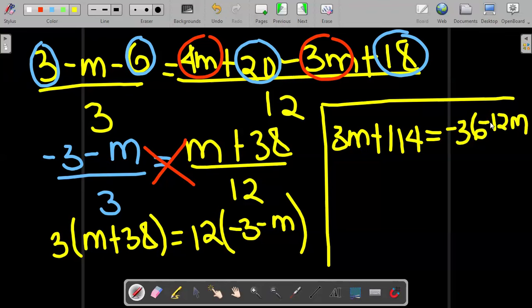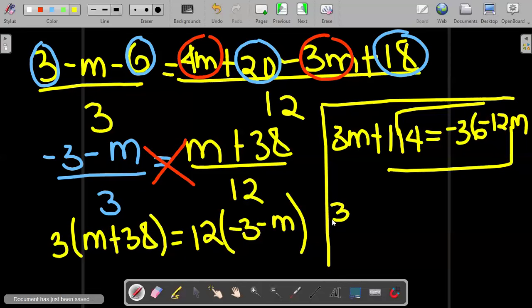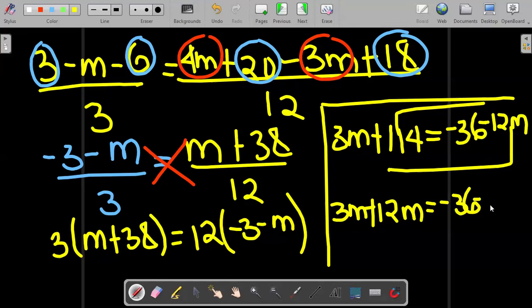So what can we do from here? Nothing but to collect like terms. And we invite this man to come this way, and we excuse this one to go to the other side. It just so happen I'm going to have 3m plus 12m is equals to minus 36 minus 114. So 3m plus 12m will give us what? 15m.